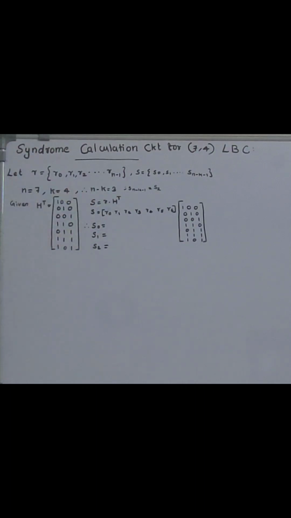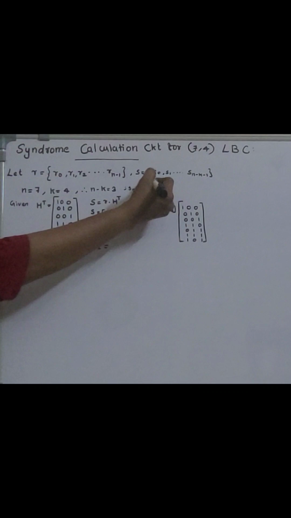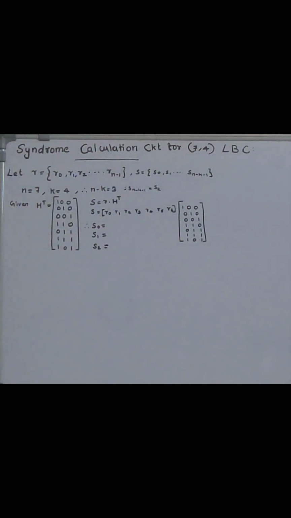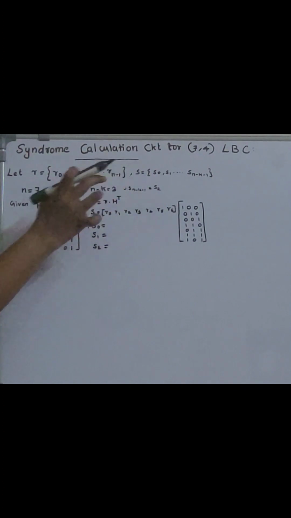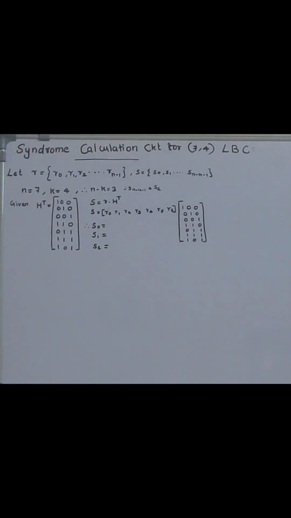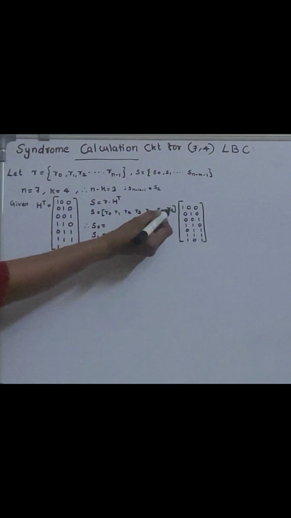Therefore n minus k is equal to 7 minus 4, that is equal to 3. So the syndrome has values up to Sn minus k minus 1, that is S2. So the syndrome has values S0, S1 and S2, and since n equal to 7, the received vector R has values R0, R1, etc., R6.